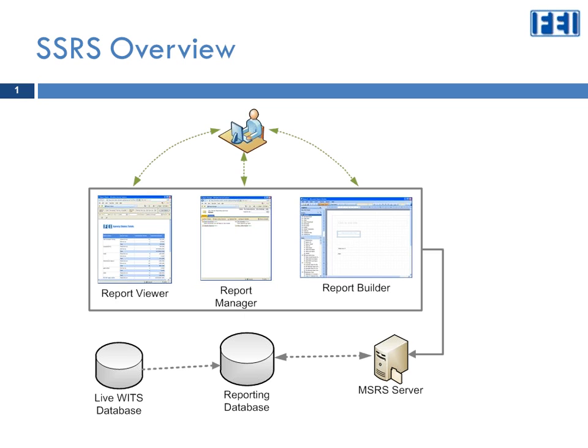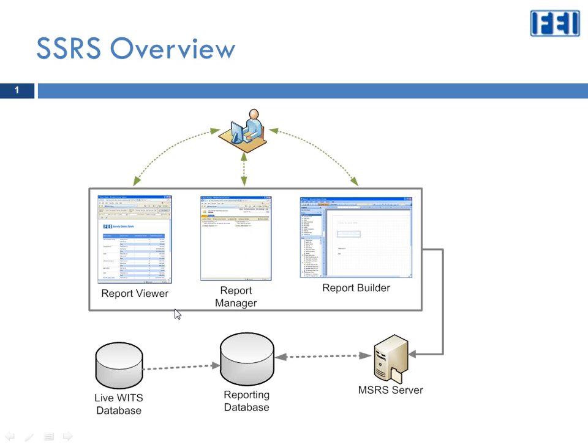SSRS is comprised of three main components. You can see on my screen that these three main components are available through a web browser: the report viewer, report manager, and report builder. The report viewer is a web-based component that allows the user to view the published reports within a web browser. It doesn't require any additional third-party software, just the web browser.